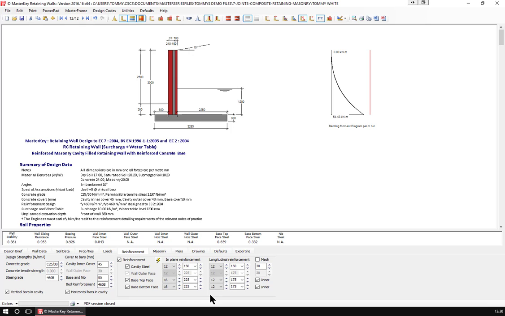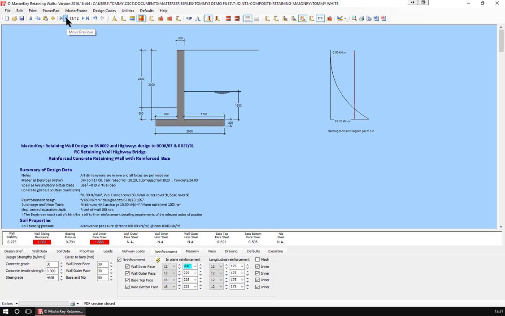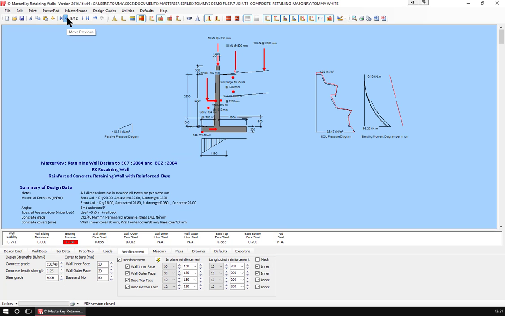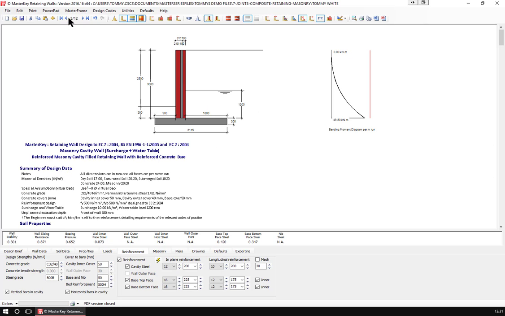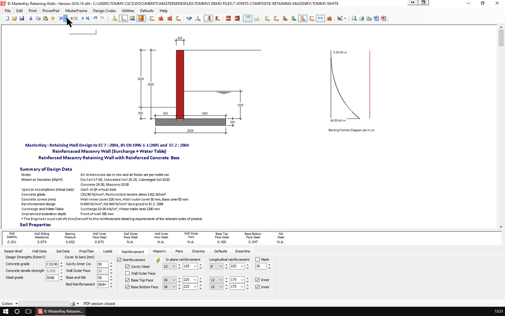Now, one word of caution is that because we're in a cavity, we can do what we want with the reinforcement. When we're in a pure reinforced wall, we need to keep these down to be less than 6 mil. So if I go back to one of my previous walls, which was the solid reinforced wall, which was this one.